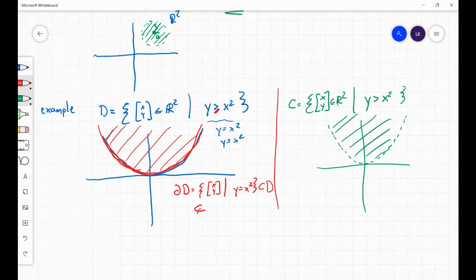So we say that D is closed. It contains all its boundary points. Okay, is it open?